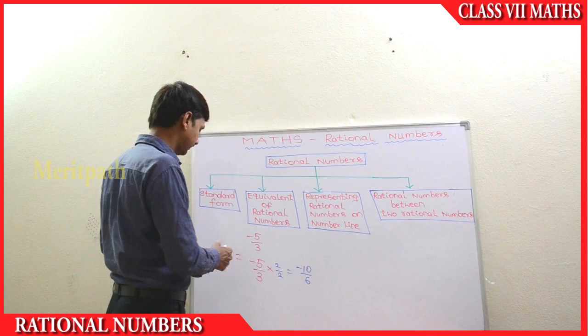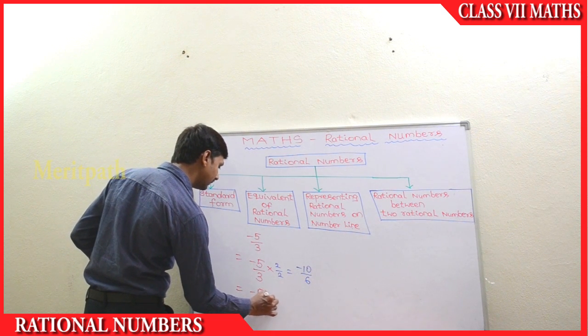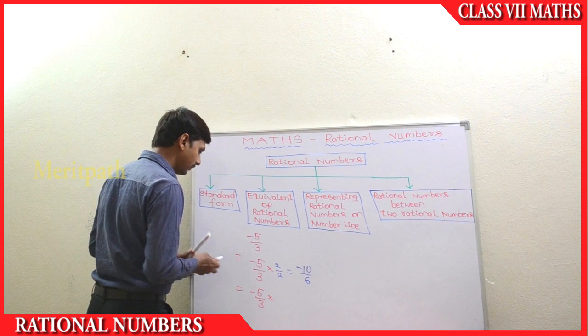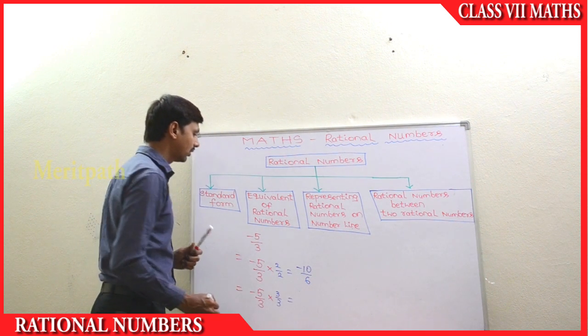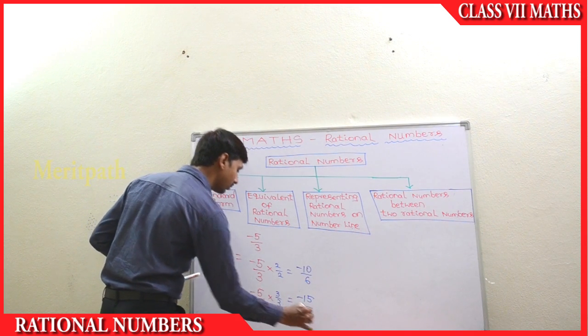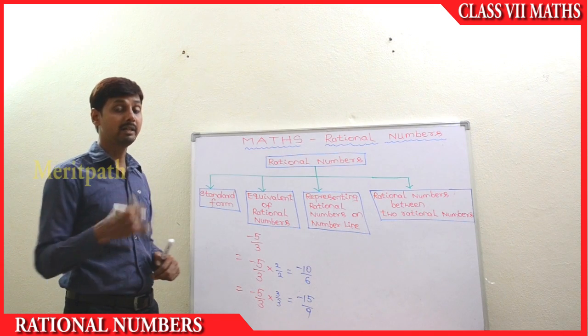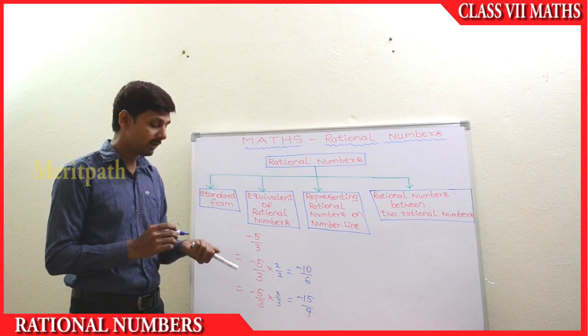Let's take some other: minus 5 by 3 multiplied with 3, because we have taken 2. So we'll be getting minus 15 divided by 9. So this is another one equivalent to this. Minus 10 by 6, minus 15 by 9.